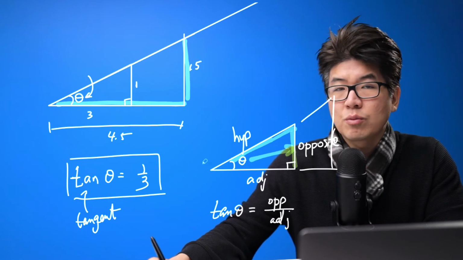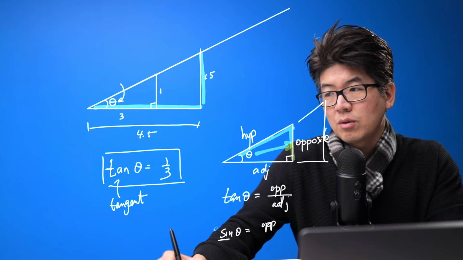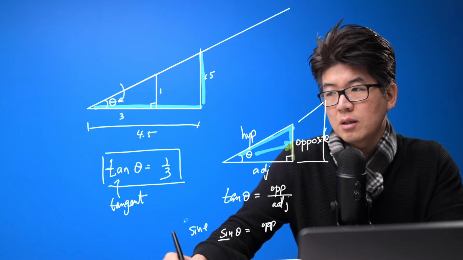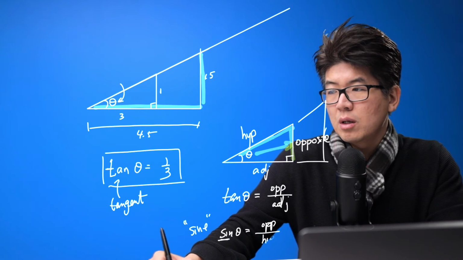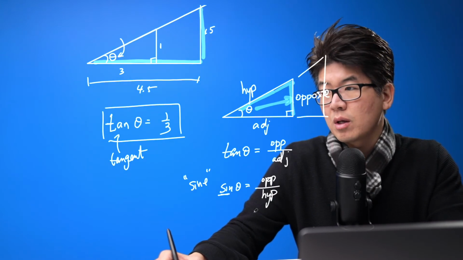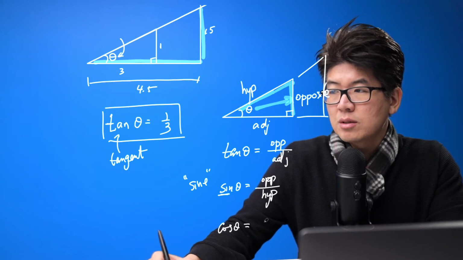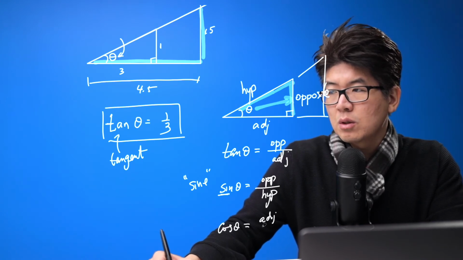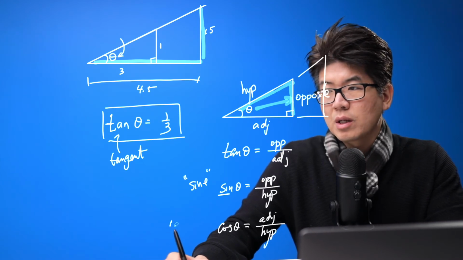This over this will be the same. We define it to be sine. So sine of theta is opposite over hypotenuse. And then finally, cosine of theta is adjacent over hypotenuse. This is cosine.